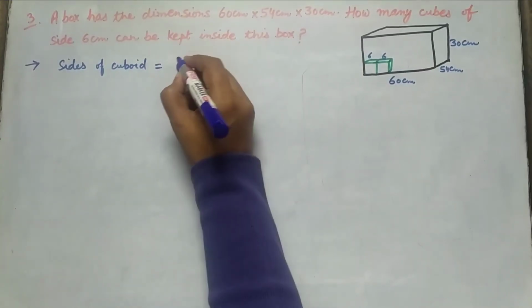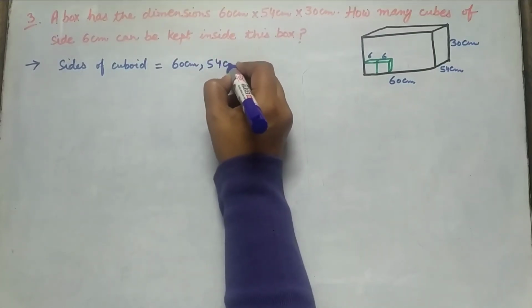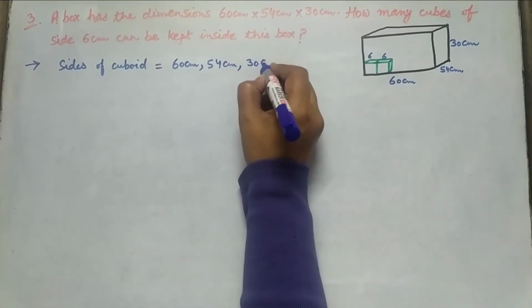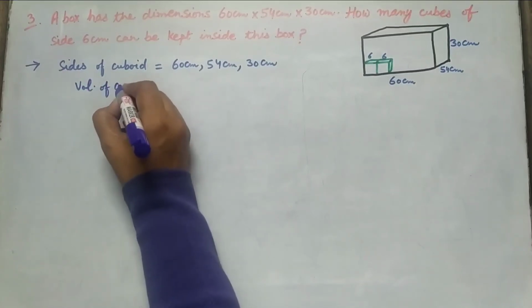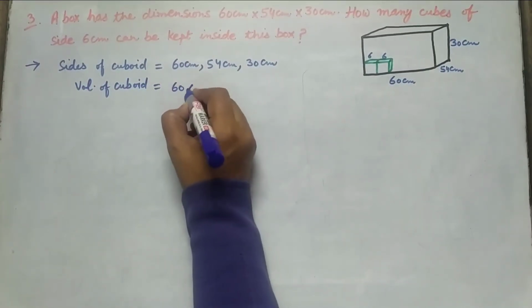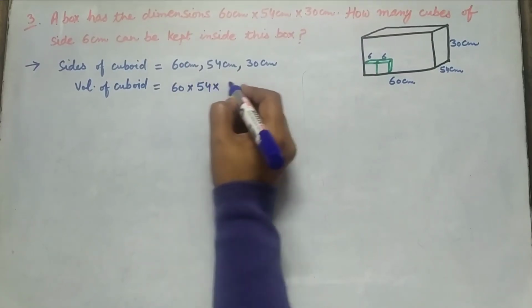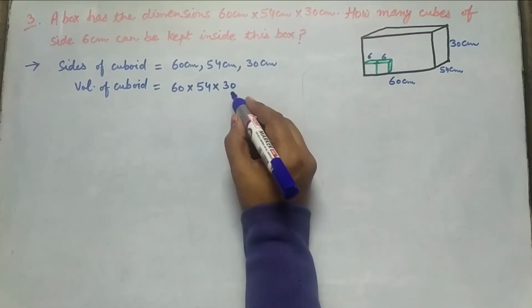They are given as 60 cm, 54 cm and 30 cm. Therefore, the volume of the cuboid becomes the multiplication of these three, like this. We are not multiplying right now.